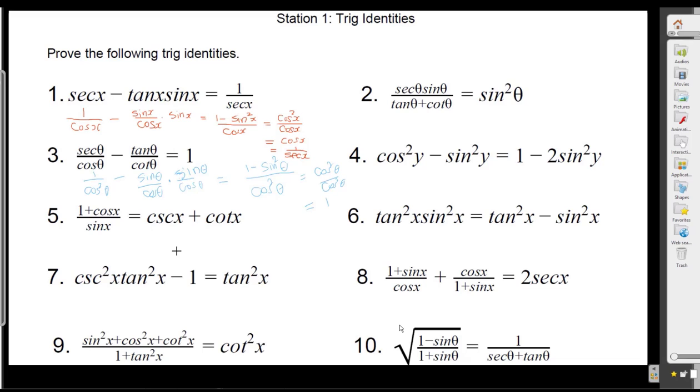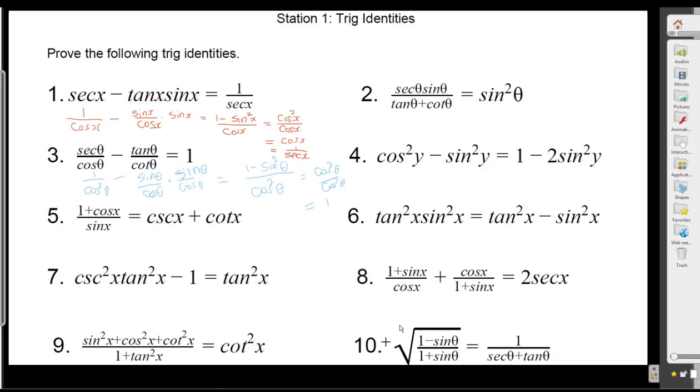Similarly, you can do the rest of the problem. Whenever you see a tan, you say sine over cosine, or when you see a secant, it's going to be 1 over cosine, or cosecant, it's going to be 1 over sine x. And this kind of thing, you can simplify and get the answer.